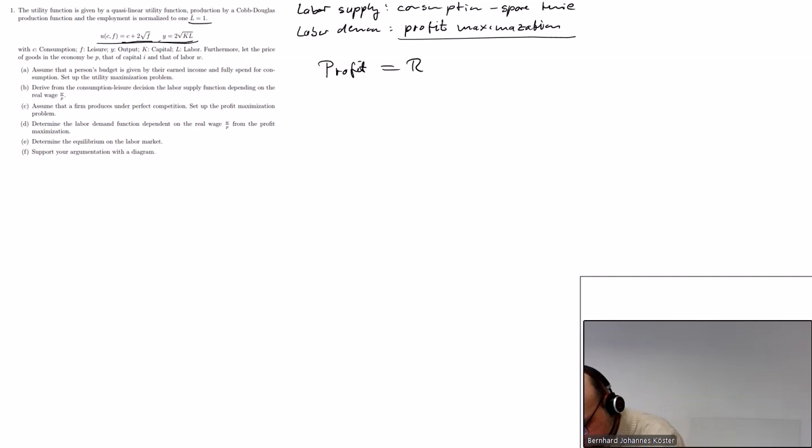Yes, revenue minus cost. I think you hear this in almost every lecture. Now you have to translate this into this explicit exercise. So, profit, quite often we take a pi.